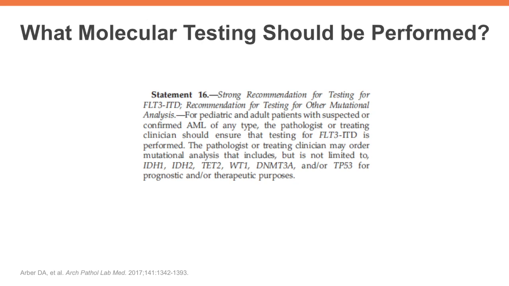One area that has been of increasing controversy is what molecular testing should be performed. And this is addressed in Guideline Statement 16, which notes a strong recommendation for testing for FLT3 ITD, internal tandem duplications, and recommendation for other mutational analysis including IDH1, IDH2, TET2, WT1, DNMT3A, and/or TP53 for prognostic and/or therapeutic purposes.